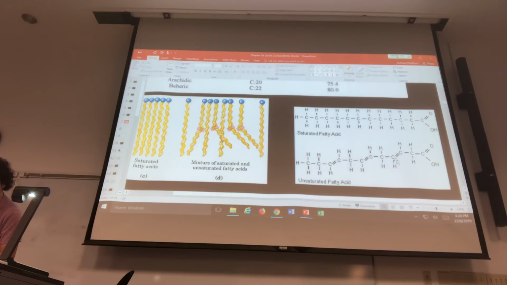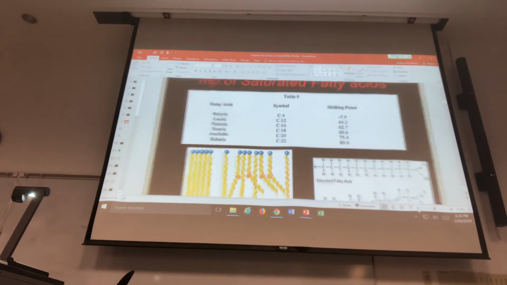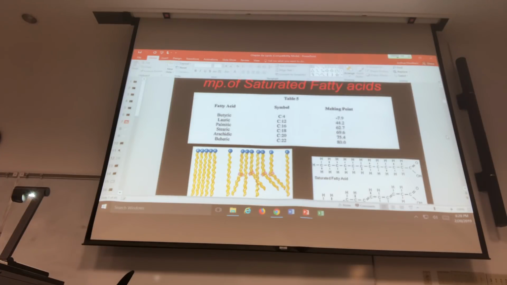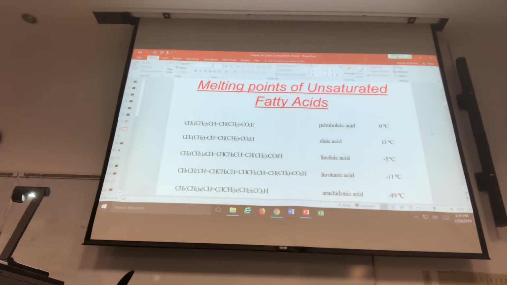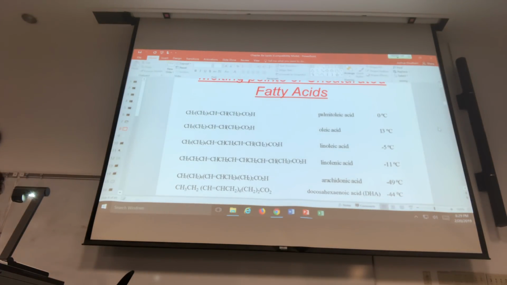More importantly than that, how do the double bonds affect the melting point of fatty acids? These are saturated. Here are some unsaturated ones. Conceptually speaking, think back to those intermolecular forces that we talked about in exam 1. A lot of molecules are held together by either hydrogen bonds or van der Waals forces, things like that.